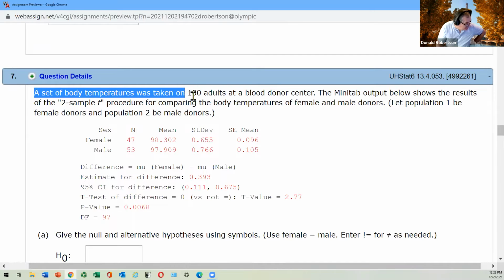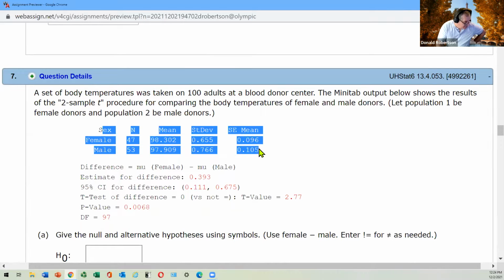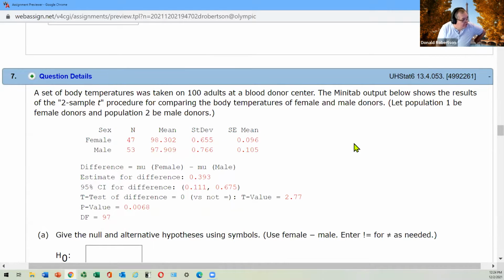Right, now, question 7. A set of body temperatures was taken of 100 adults at a blood donor center. And Minitab's just a piece of software. It's a bit like Excel, right? It just gives you lots of information. And what this does is it does a 2-sample T procedure, body temperature, and a whole load of stuff, right?